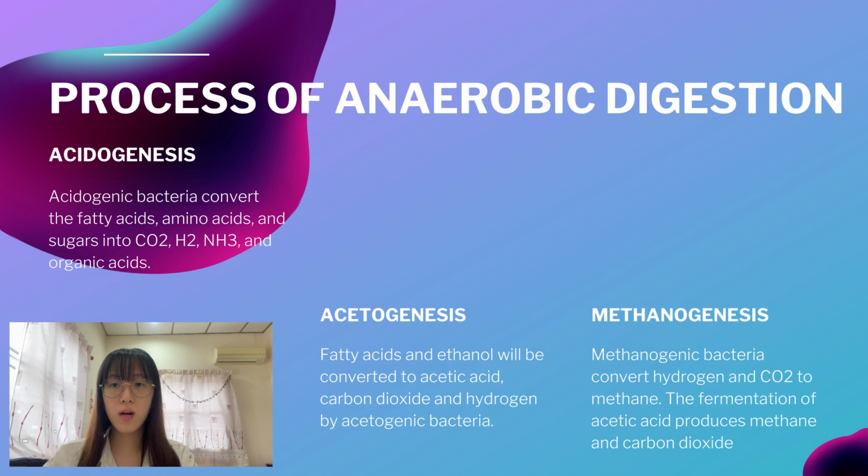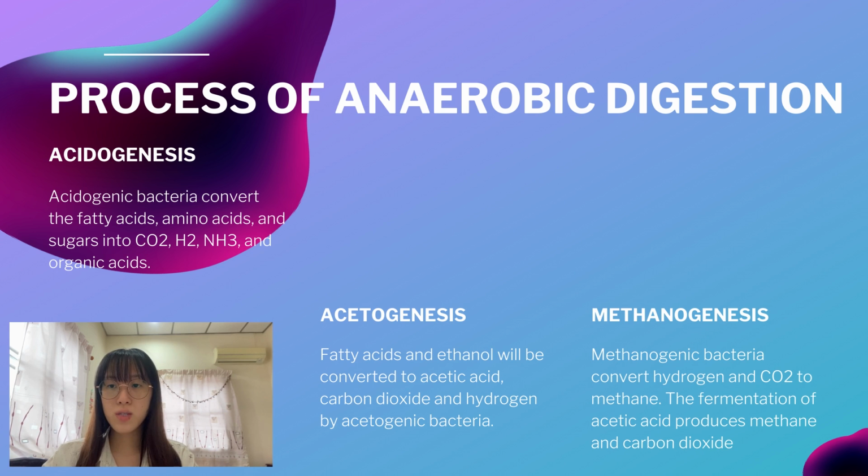In the first CSTR, it has hydrolysis and acidogenesis. Since hydrolysis did not occur, we are going to talk about acidogenesis. Acidogenic bacteria convert the fatty acid, amino acid, and sugars into CO2, H2, NH3, and organic acid. In the second CSTR, acetogenesis and methanogenesis occur.